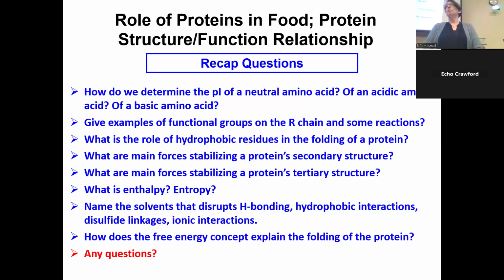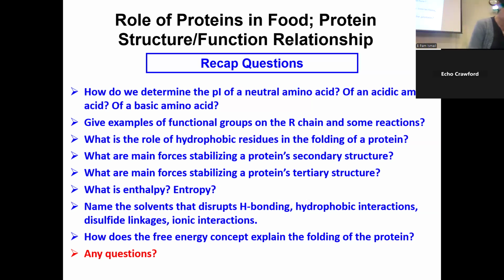What about the acidic amino acid? So for the acidic, you'll take the pKa of the carboxyl group and then the pKa of the other carboxyl group in the R chain, and you divide by 2. For the basic, you take the pKa of the amine group plus the pKa of the amine group in the R chain, and you divide by 2.